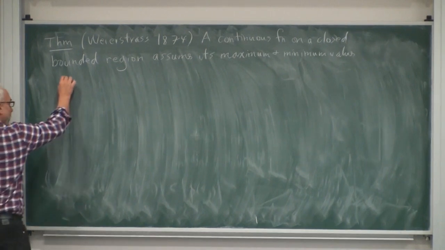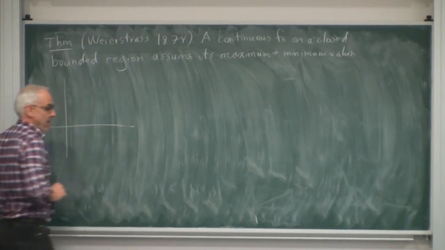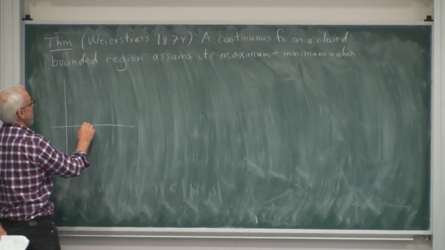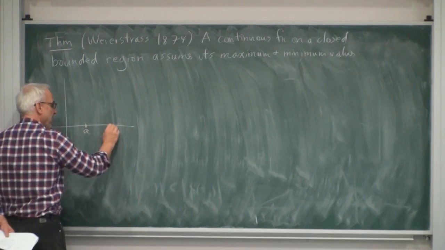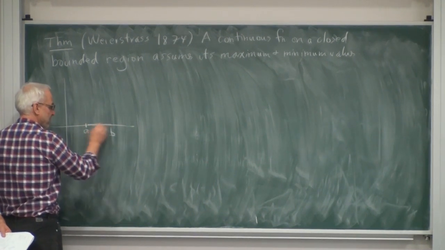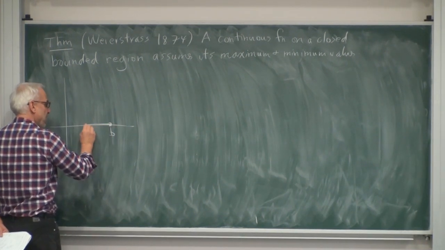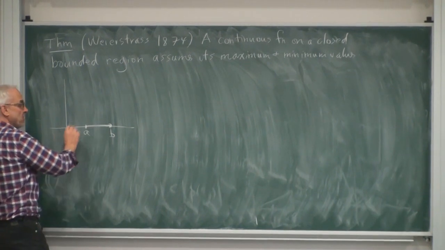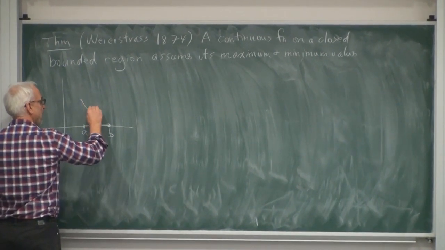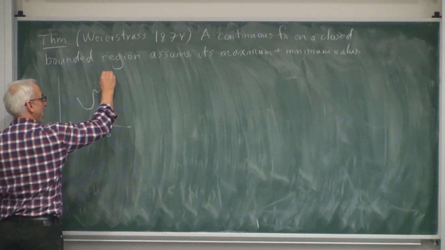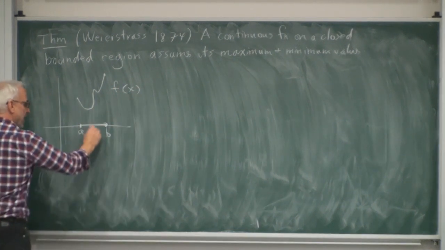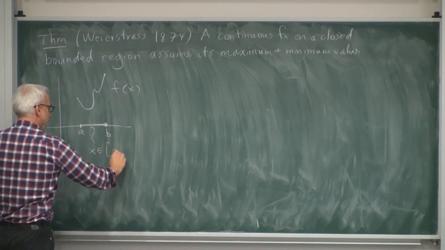Let me illustrate that in the case of a one variable function. If you have a function on a closed bounded region, in the line that means a closed interval, an interval including its boundary points. That's what closed means. So if you have a continuous function on a closed interval, maybe it looks like this. Here's a function f of x, and x belongs to this interval a, b.